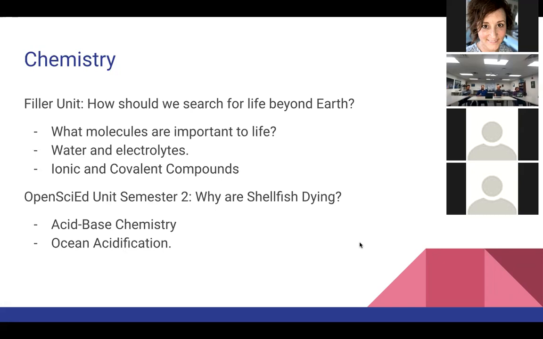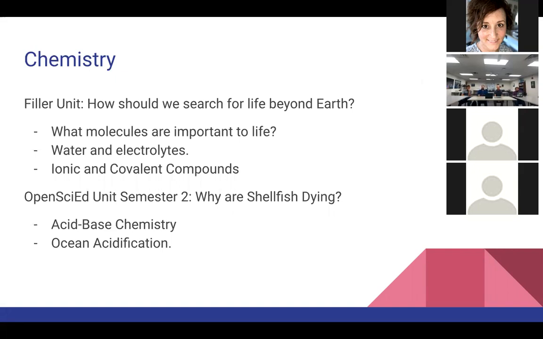So we don't currently have the full year's worth of material. We're just piloting these ones, sending results back to the Open Sci Ed people on what went well and what may need to be changed for the rest of the people to do this. As we go into next year, we'll have a full year's worth for all 3 courses.